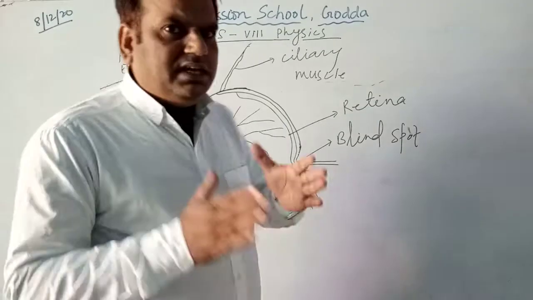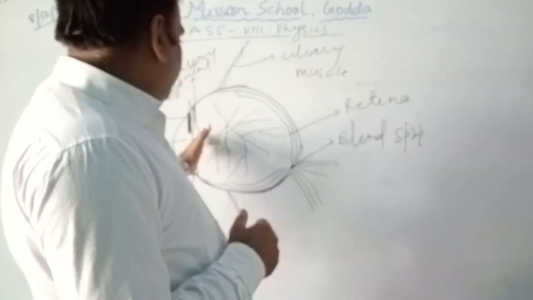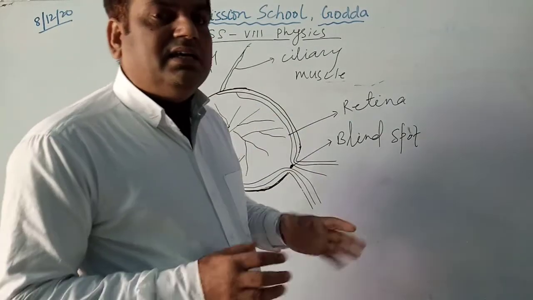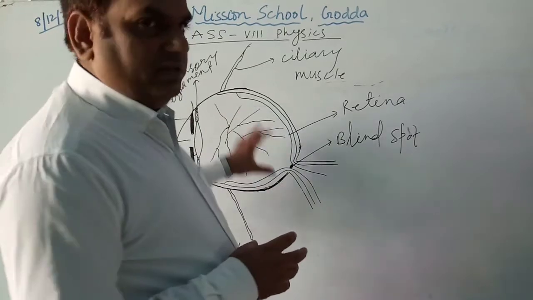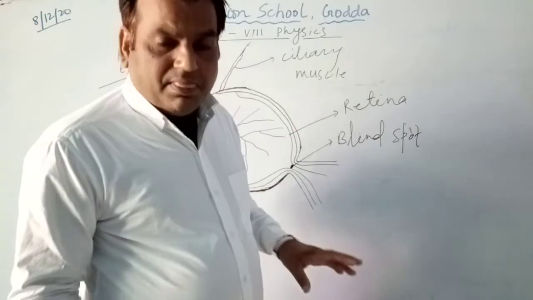In front of the lens, the liquid present is aqueous humor, and behind the lens, the liquid present in our eye is vitreous humor. There are two kinds of liquid present in our eye.